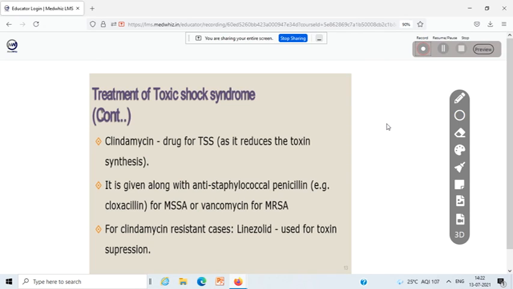Just remember that vancomycin is the drug of choice in cases of MRSA. MRSA is methicillin resistant Staphylococcus aureus, and MSSA is methicillin sensitive Staphylococcus aureus. For clindamycin resistant cases, you can use linezolid.